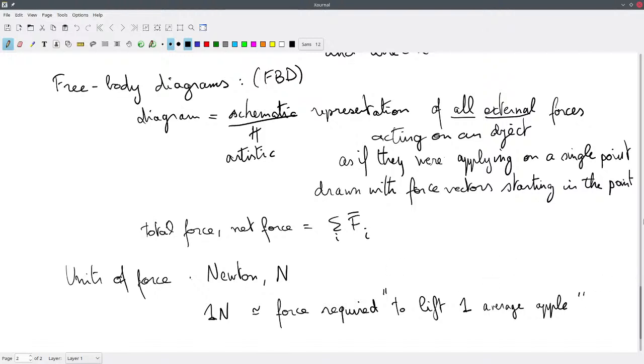Something that is going to require a 10 Newton force, you probably are still fine doing that. 100 Newtons, then we're starting to get into somewhat physical exertion. And 1,000 Newtons, I don't think anyone here necessarily would be able to exert a force of 1,000 Newtons.